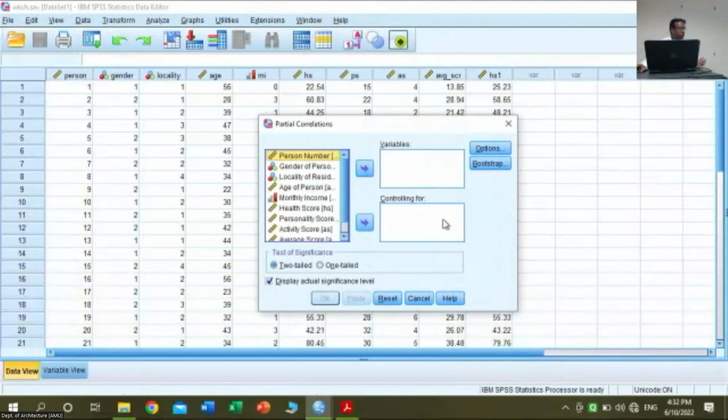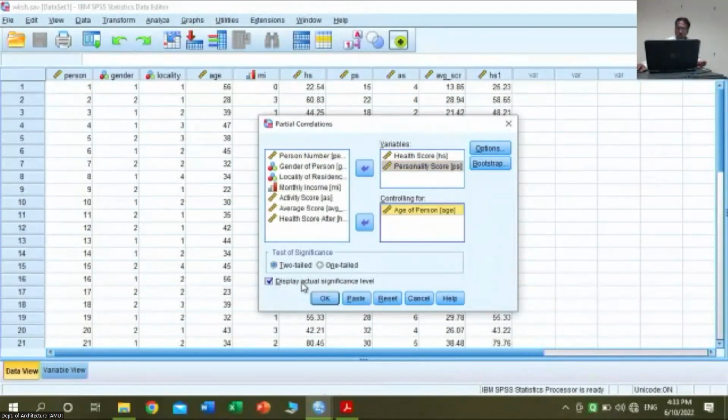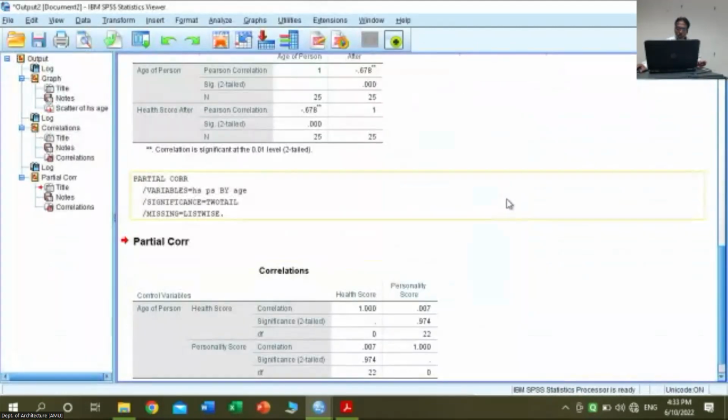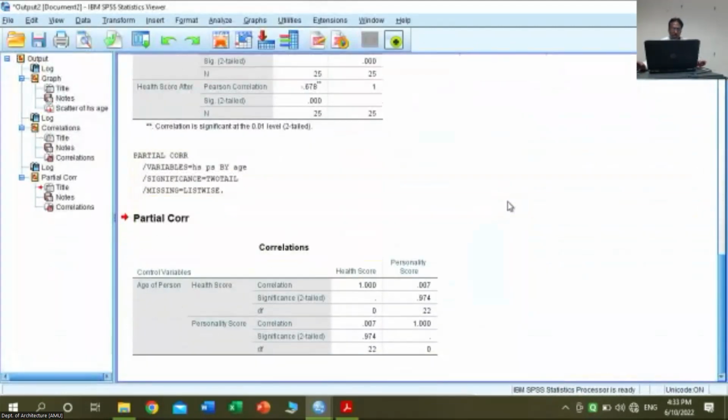And if you want to get the correlationship between health score and personality score controlling the effect of age, so health score here, personality score again move here, and controlling the effect of age. Okay. So this is the partial.